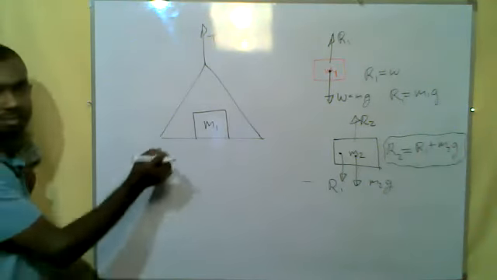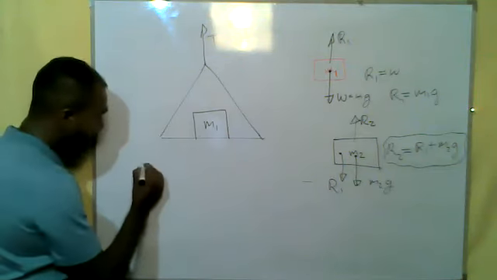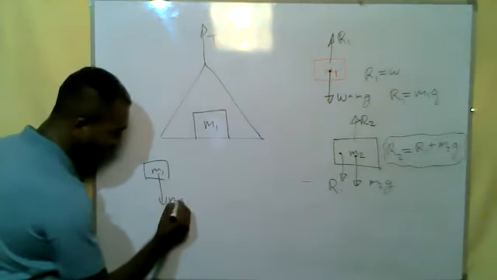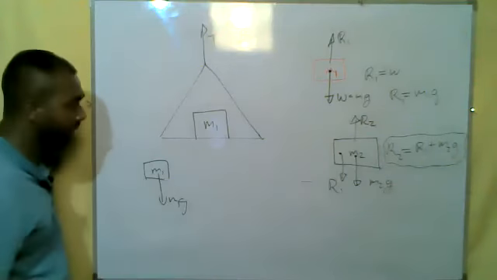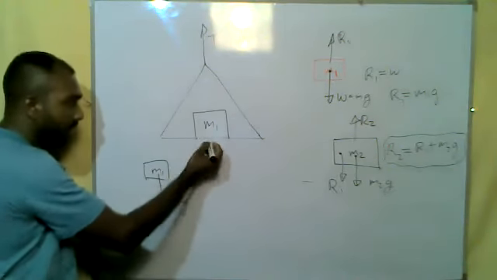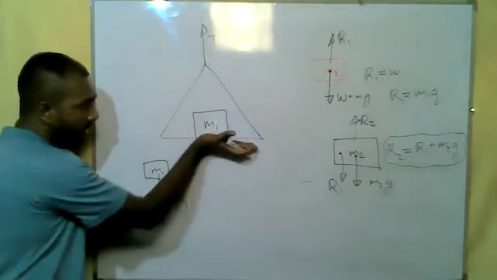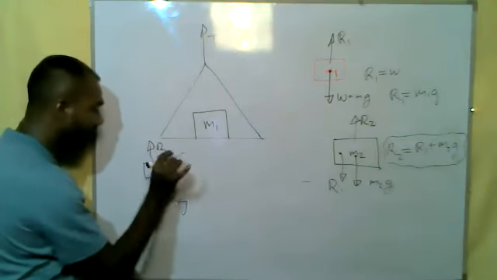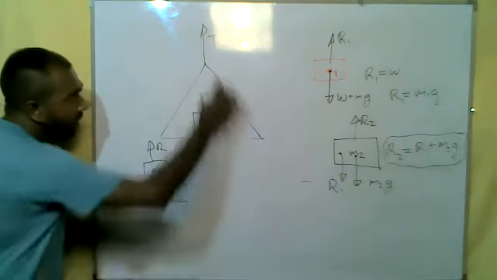If we think of the mass 1 only, it has a weight, so M1G is acting downward. And since it is at rest, there should be a resistive force coming from this platform, no? So the platform gives a resistive force of R. What about this hanger?